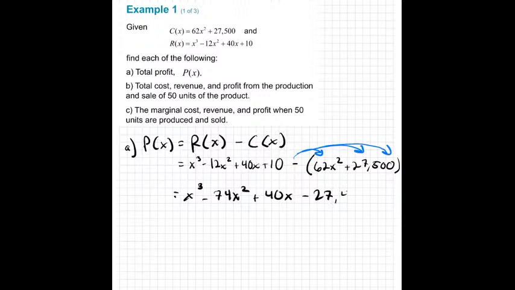And that's our profit function. I think that's fine, so I'm going to put that in a box.